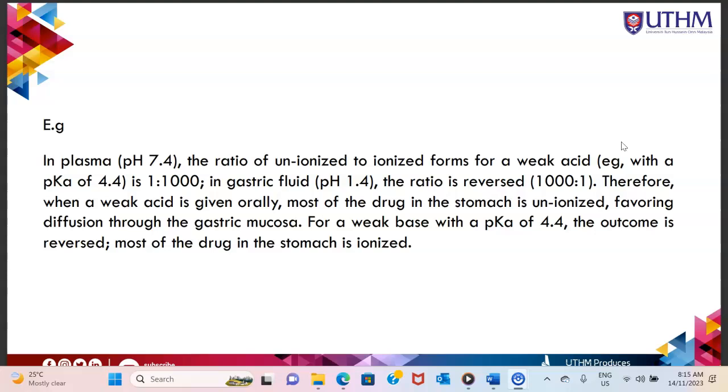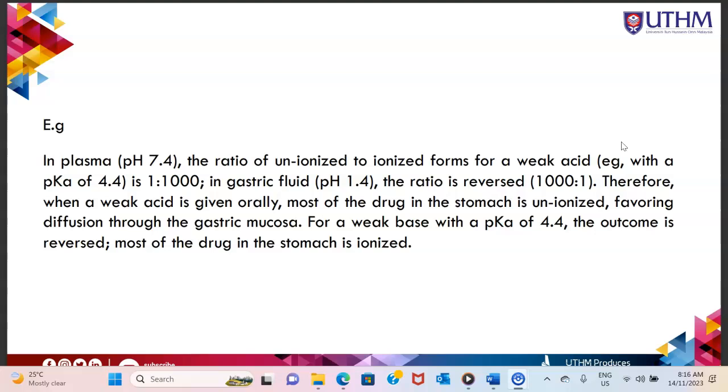For weak acids, low pH, such as in the stomach, favors the unionized form, promoting absorption. And the last one, for weak bases, low pH in the stomach promotes ionization, which may hinder absorption.